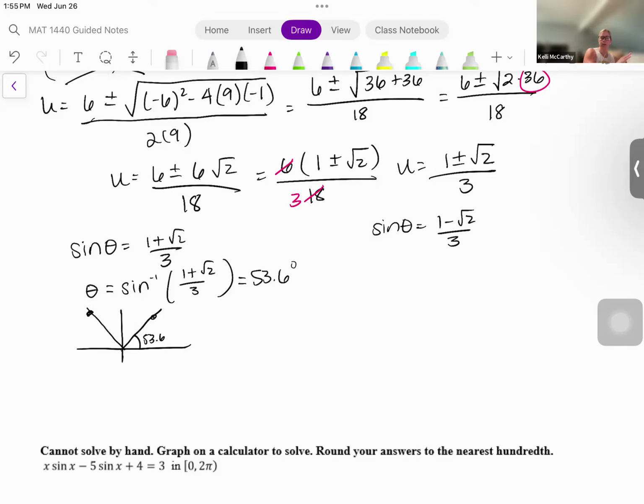Again, thinking about mirroring that, we can see that that's going to be the reference angle for our second measure of theta. So if that reference angle is 53.6, to find our additional angle, we're going to subtract 53.6 from 180.